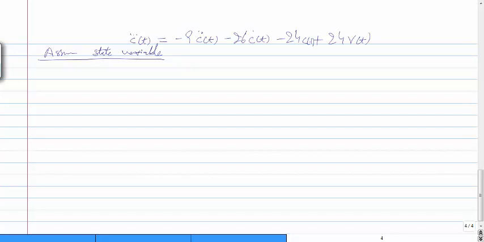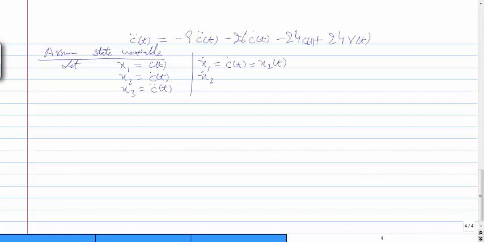Now for that, let x1 equal c of t, x2 equal c dot of t, and x3 equal c double dot of t. So this is the first thing, and then take the derivative of x1. So x1 dot equals c dot, which is equal to x2.